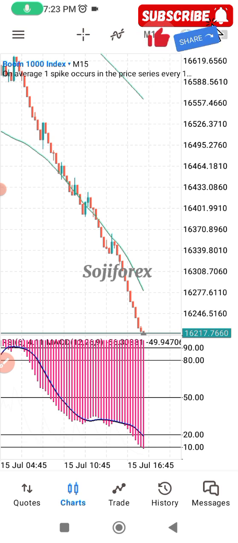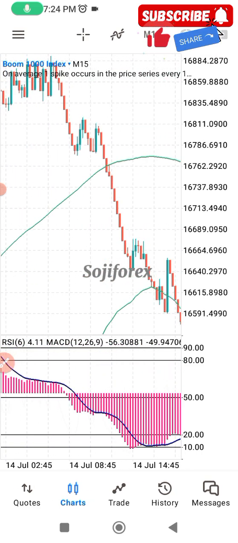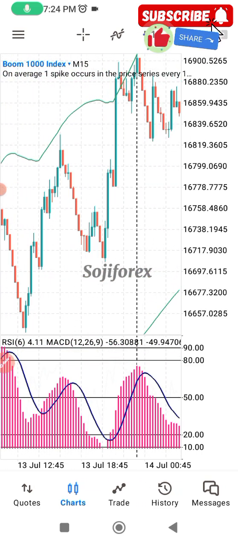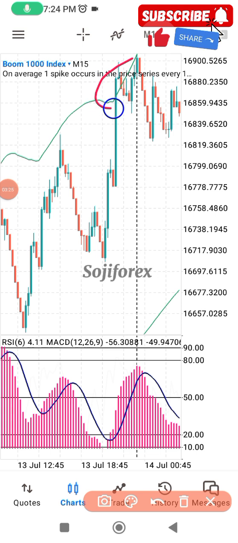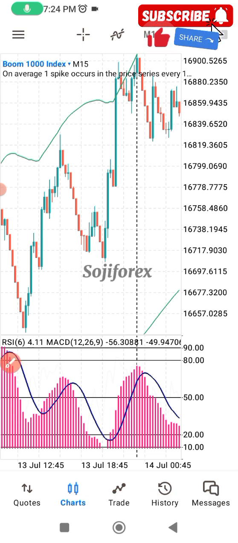So how do we make entry following this strategy? Condition number 1: you need to see price pull and be touching the upper Bollinger Band. Price must be piercing the upper line of the Bollinger Band, and that is condition number 1 met.